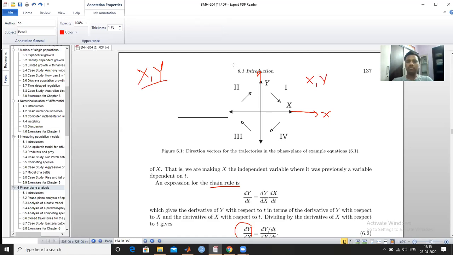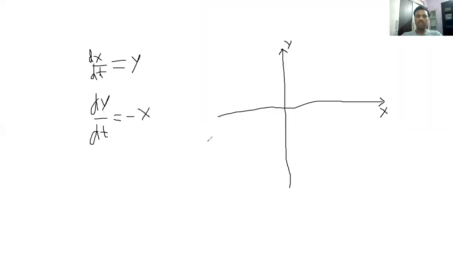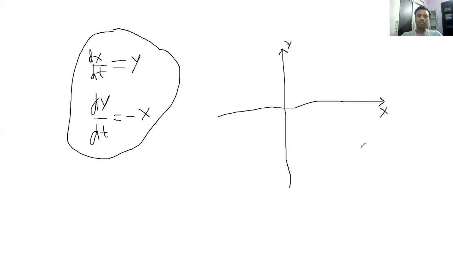So I should share the board here. Yes, I have already made this system. This is the given system, and this is our phase plane. In this direction is x, in this direction y, and we have to find out the direction of the trajectory. Means how the relationship between x and y will change with respect to time. So there may be the first case, where x and y are both positive.